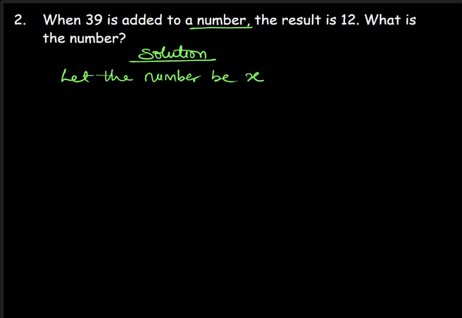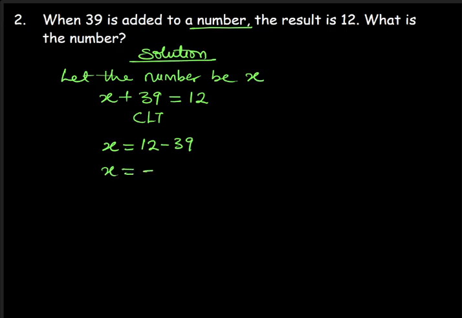Please take note of this. 39 is added to it, that means we have the number as the original thing, and then 39 is added to it. So that will give us x plus 39. X plus 39 is equal to what? The result is 12. So this is where we collect like terms, that will give us x equal to 12 plus, it will turn to minus 39, and then x equal to, I hope you still remember our directed numbers, so this will give us minus 27.